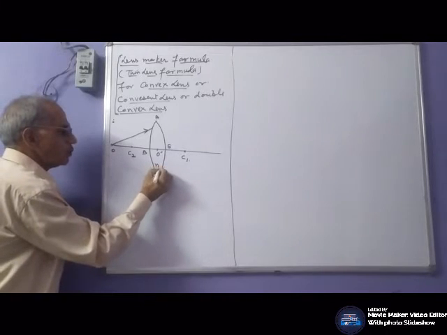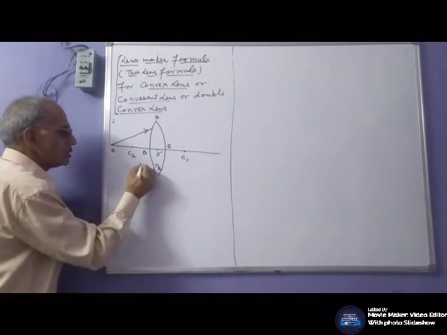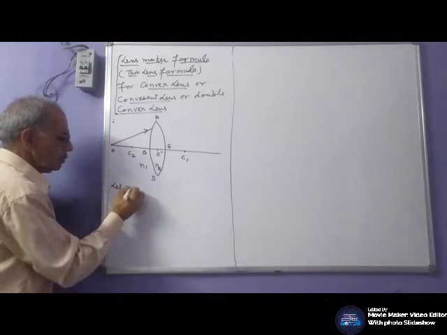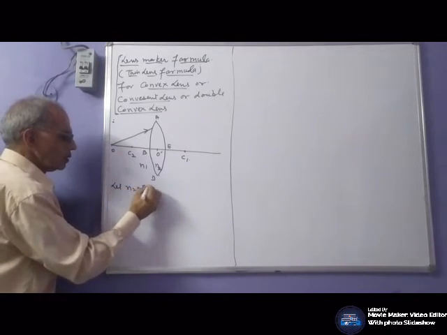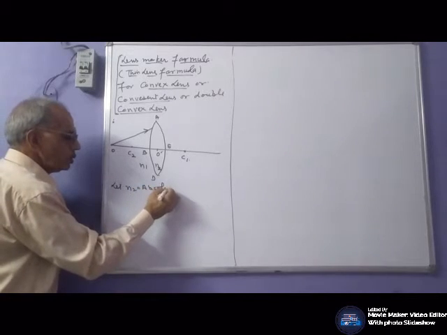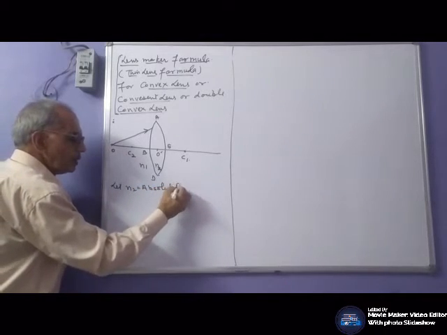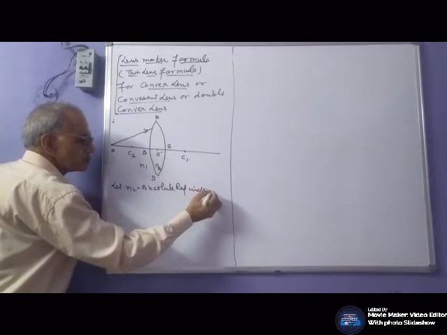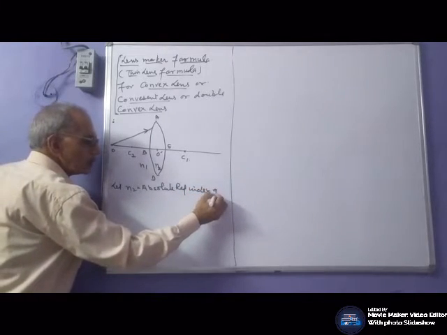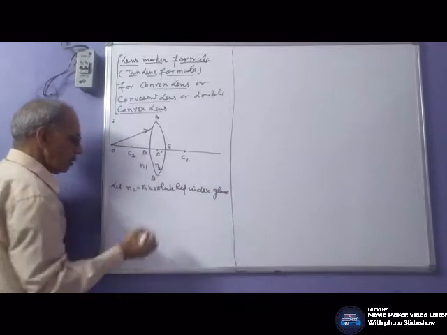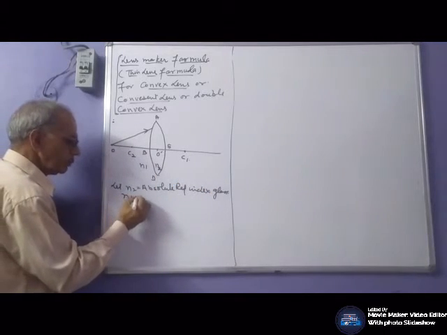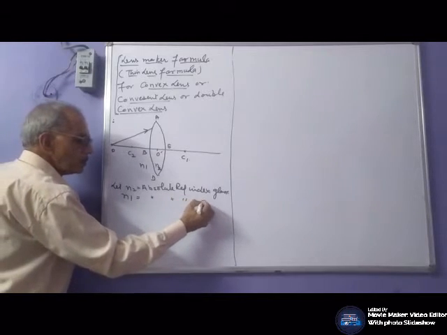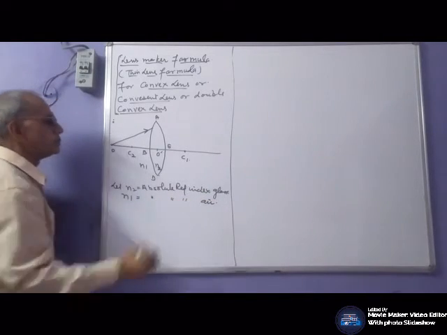This is N2, this is N1. Let N2 be the absolute refractive index of glass, the lens is made of glass, and N1 the absolute refractive index of air.